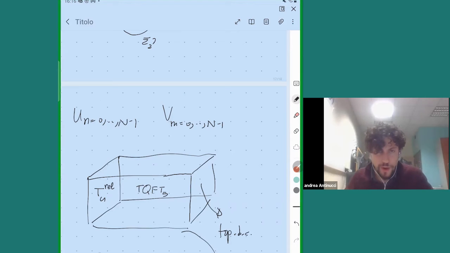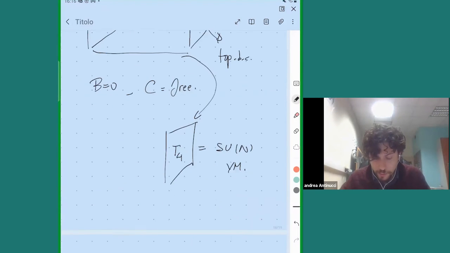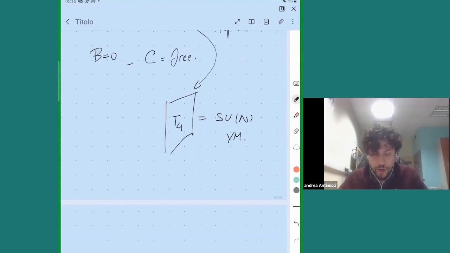It's kind of intuitively why. Basically, we started from SU(N) Yang-Mills with a one-form symmetry. We turned on this background field. We made it dynamical in the bulk, but then we are adding another boundary which freezes the dynamics of this background field. So it's kind of intuitive why at the end we get back the SU(N) theory.